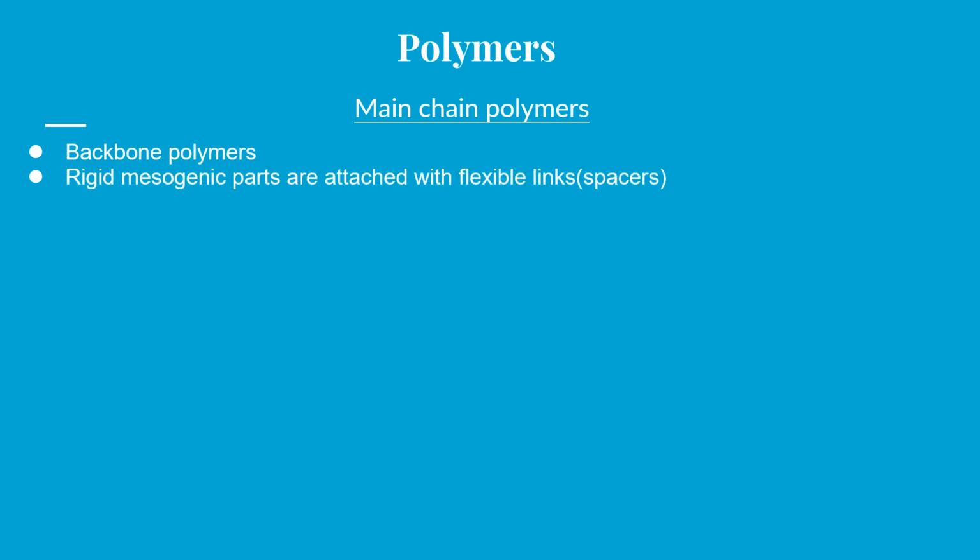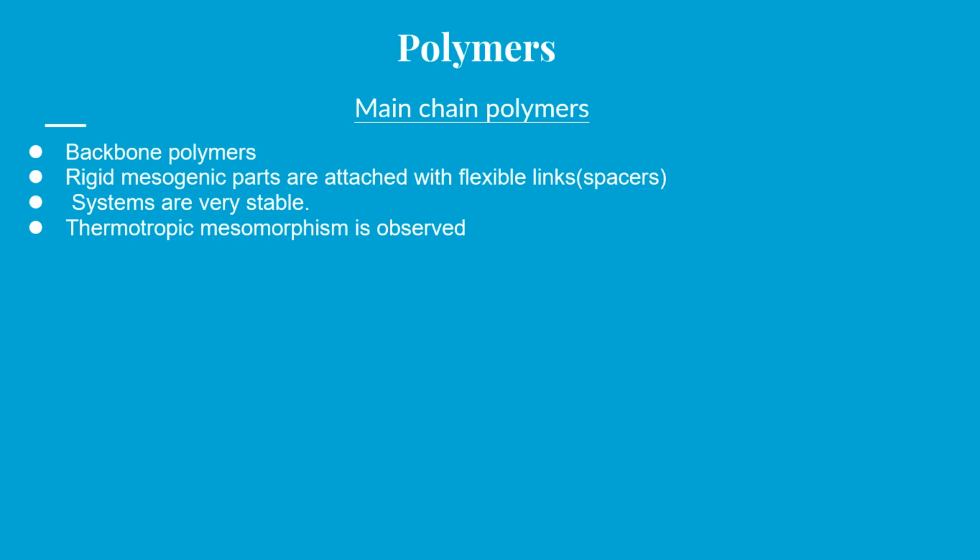We insert flexible parts in macromolecules and get two classes of polymers. The first one is the main chain polymers. This is also known as the backbone polymers. The rigid mesogenic parts are attached with flexible links. As we said, the system is very stable and thermotropic mesomorphism is observed.